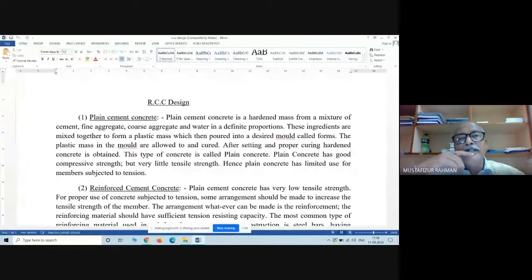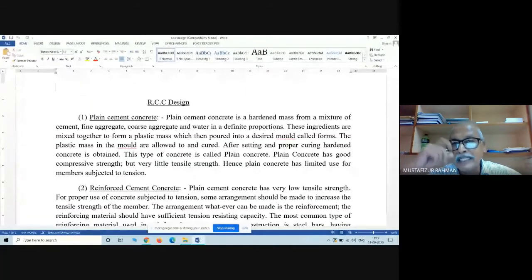Sand, individually, do you expect any strength? No, sir. Sand and cement are similar, so individually they do not have any strength.